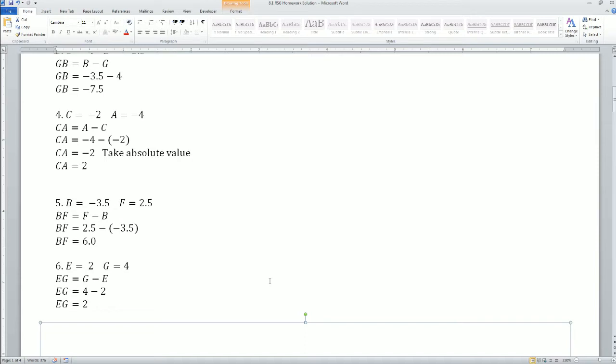The explanation for all of them is the same, so I'm not going to repeat the same explanation 6 times. Get the value for the first letter, get the value for the second letter. The distance is always the second point, the final point, minus the first point.